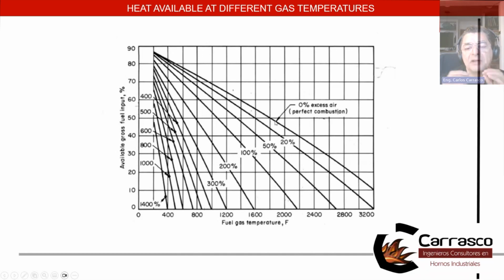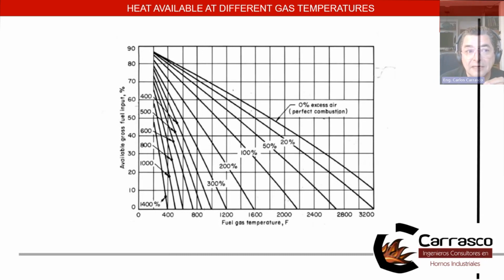When I have perfect combustion, when all the fuel like natural gas, let's say, and the air are combined, and I burn all the oxygen with all the hydrogen inside the burners, then I have perfect combustion. Unfortunately, that doesn't happen very often.